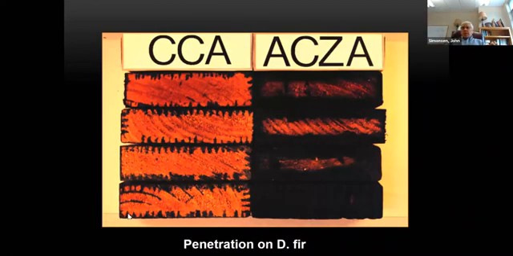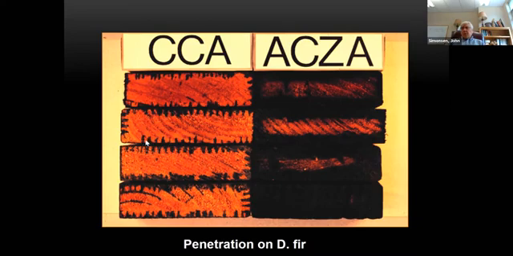I mentioned this in the treatment lecture, I believe, but I can mention it again. If you treat Douglas fir with CCA, you can see the level of penetration that you get. The penetration here is from incising, where little slashes have been cut into the wood to give some kind of penetration.